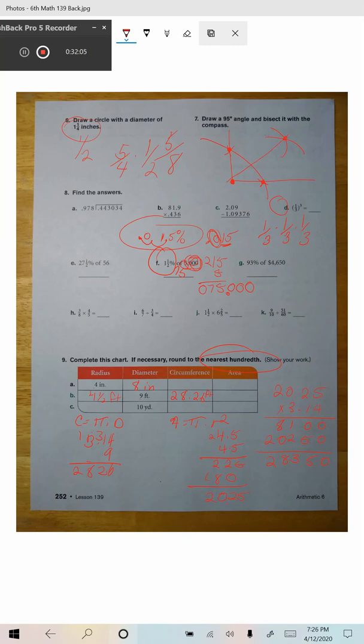But I think they've made a mistake in the answer book. In the answer book, they're doing 3.14 times 5 squared. Well, oh, that's for C. Never mind.